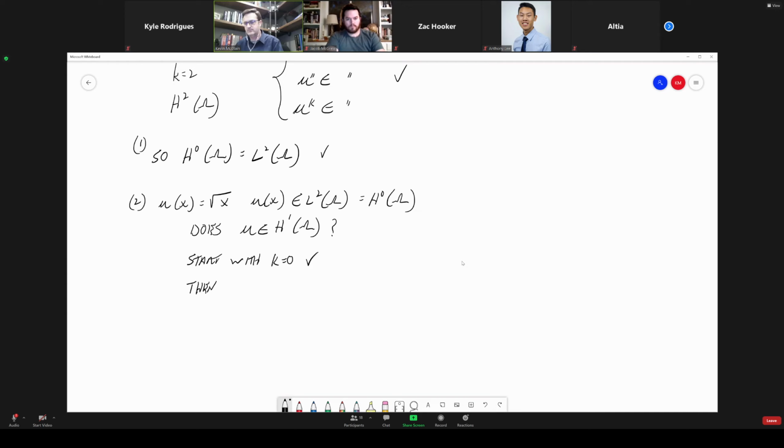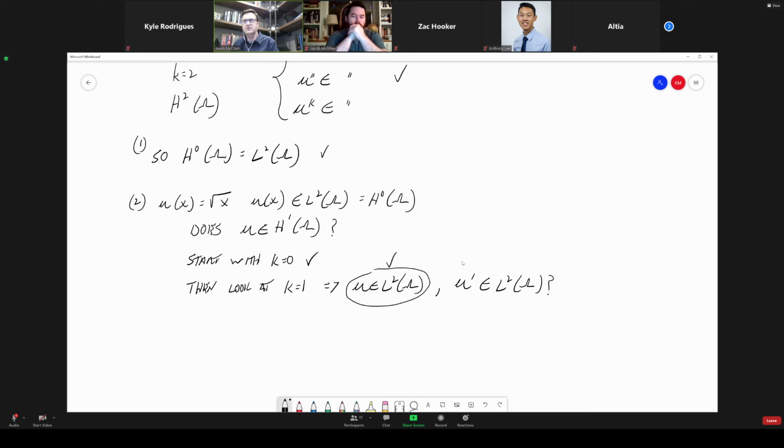Then look at k equals 1. So displacement lives in L2 omega. We did that one. And u prime in L2 omega, this one is a question mark.